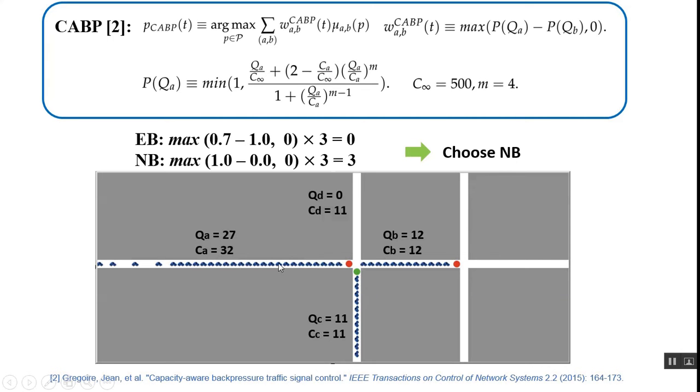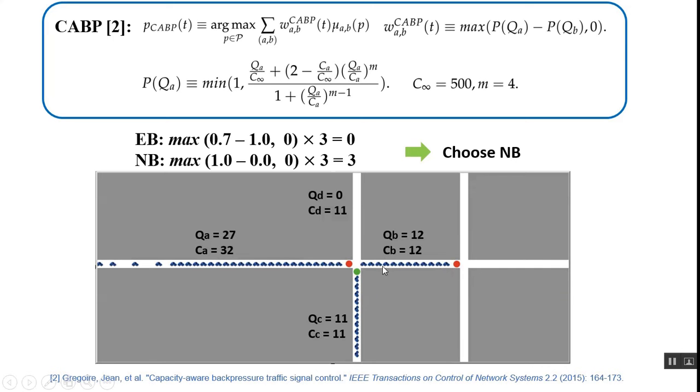For example, here we have QA equal to 27, while CA equals 32. And here QB is equal to 12, and CB is also equal to 12, since arc B is already fully occupied by vehicles.